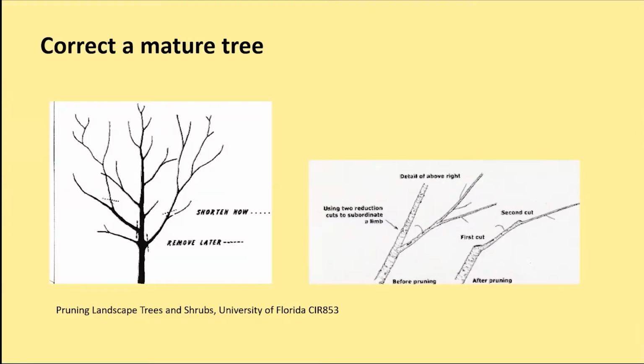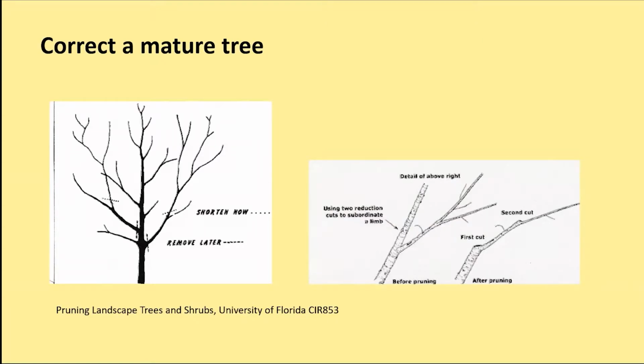So let's say you have a tree that is a pretty good size, similar to the illustration on the left-hand side. And the major problem here, let's say, is it's supposed to be a single leader form, with the central leader being dominant and nothing or very little to compete with it from the side.